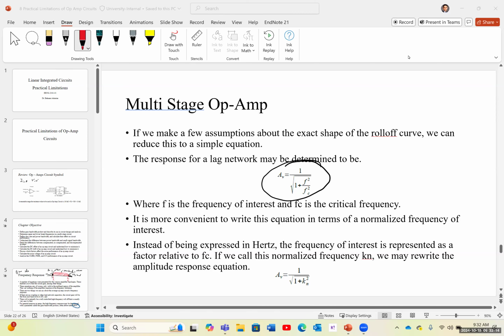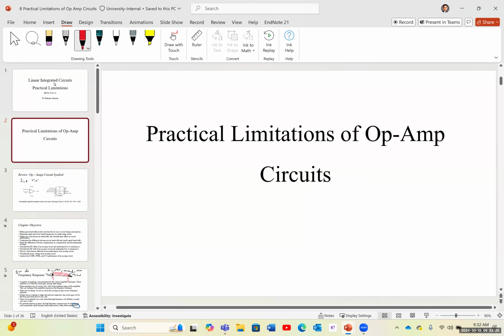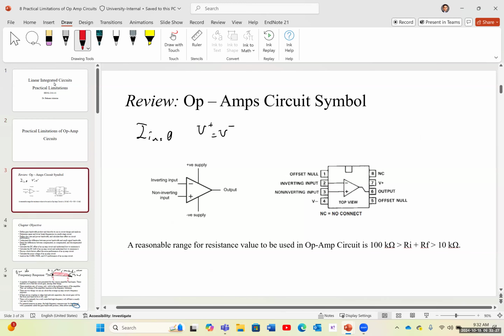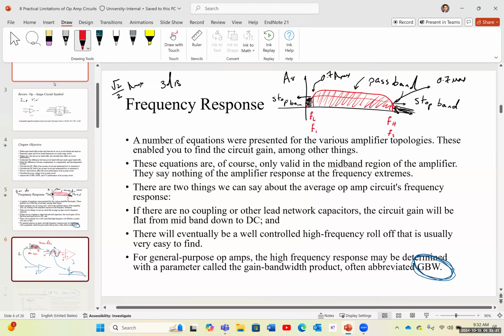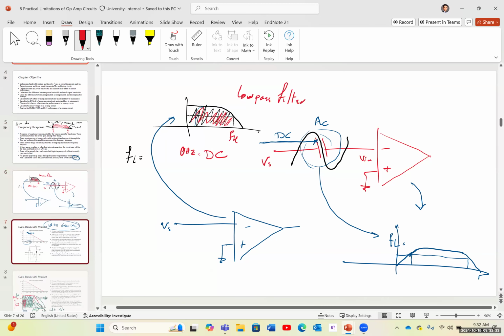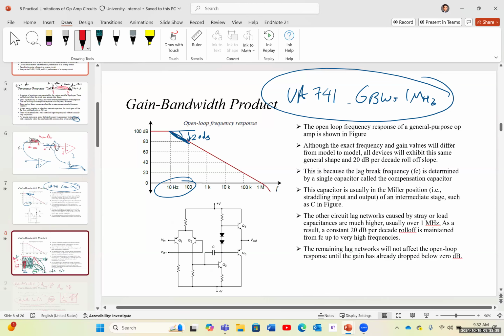In the previous class, we started with the practical limitations of op-amp. Specifically, we focused on the upper cutoff frequency of an op-amp and how that determines the frequency response of the system.